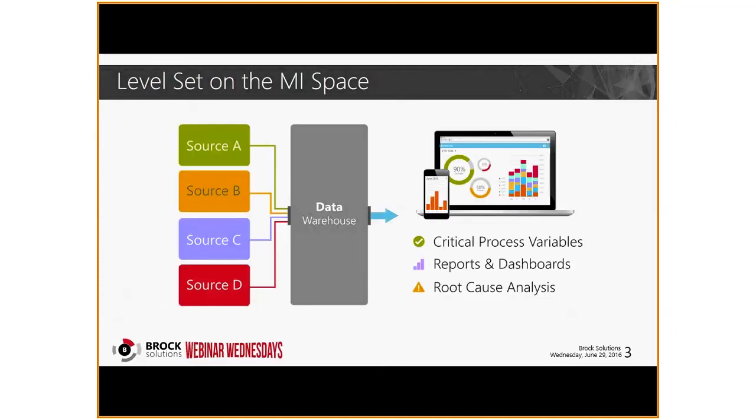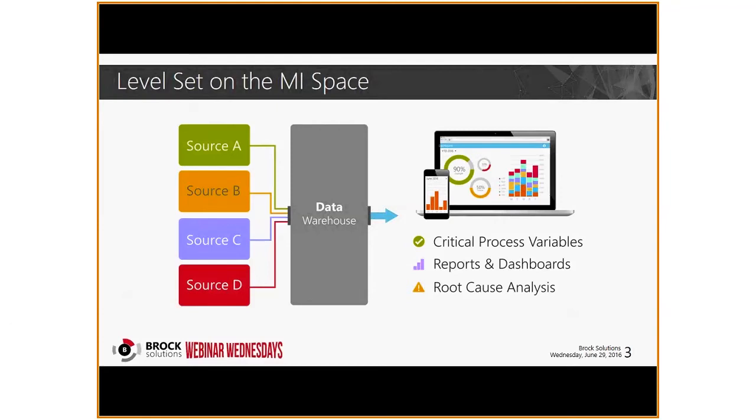When we talk about this MI space, what I have here is an illustration of a typical highly connected data-enabled environment. There is a data warehouse that has consolidated and aggregated data from multiple sources. An assortment of development applications were used to create several insights in the form of reports and dashboards.